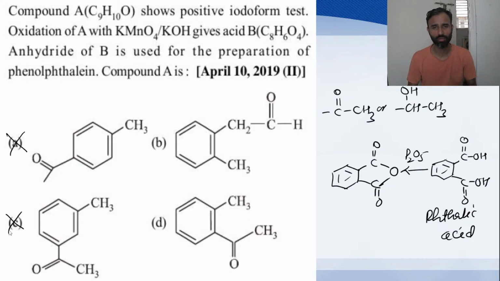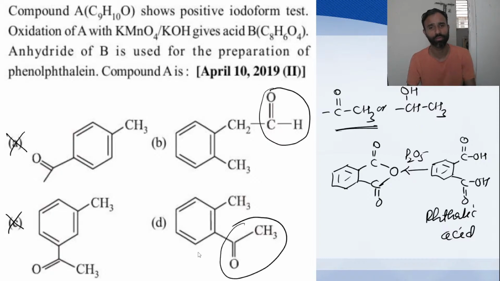In both cases groups are at ortho positions, but in the first case there is an aldehyde having no methyl group, and we need a CH3CO group, and in this case there is a COCH3 group present. So it will give iodoform test.